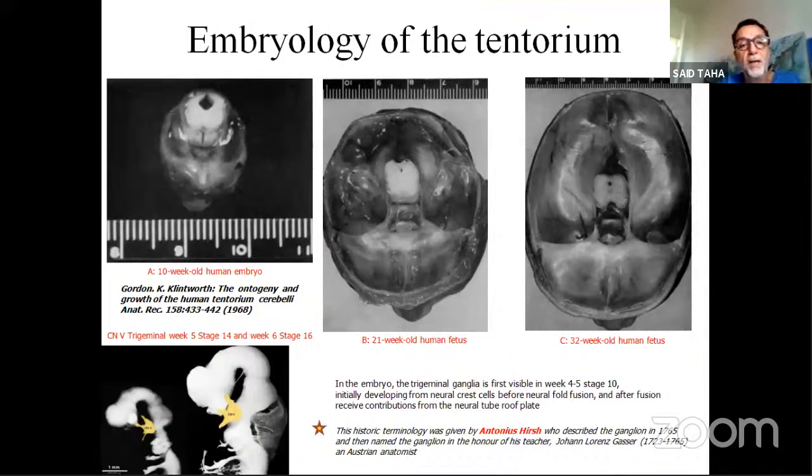This embryo is from the work of Kleinworth in 1968, with the tentorial two separate folds. They are lucent and the midbrain is very far posterior.